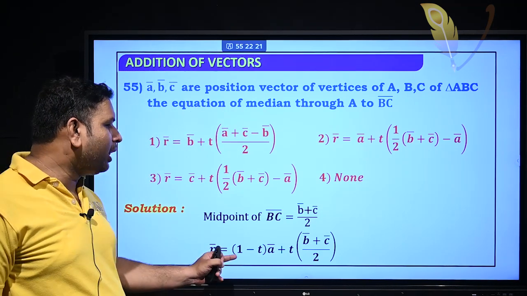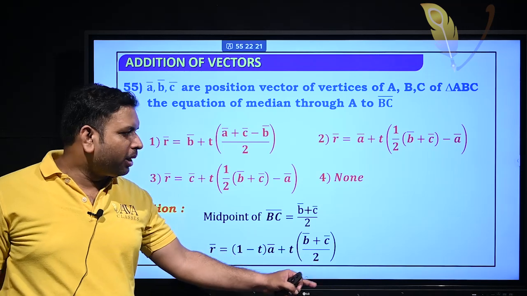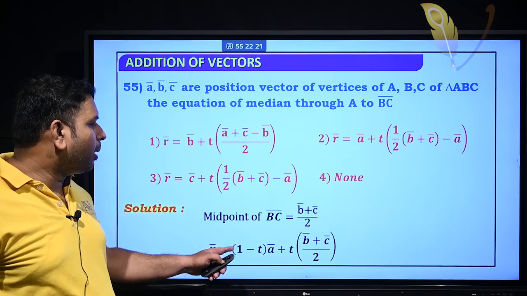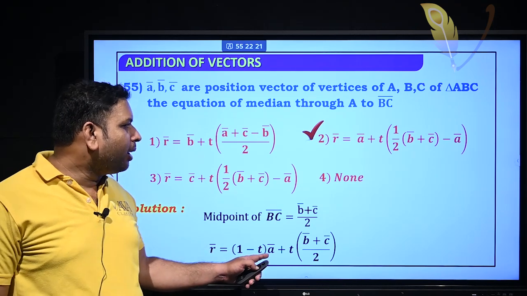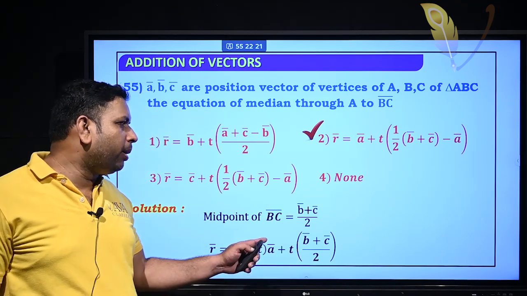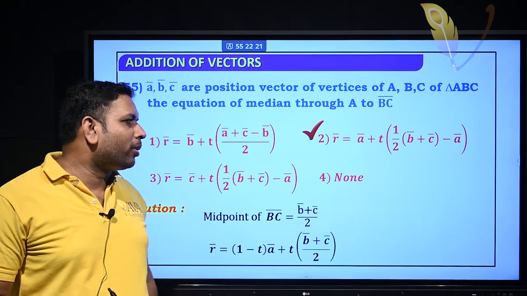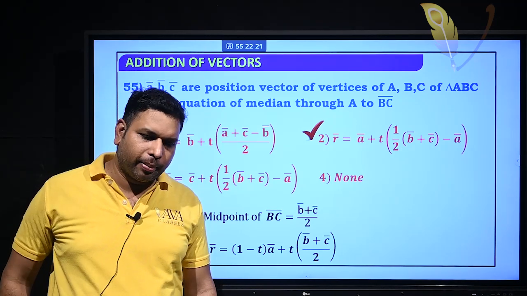By simplification, it is A + t times (1/2)(B + C - A). So second option is the right option, students.